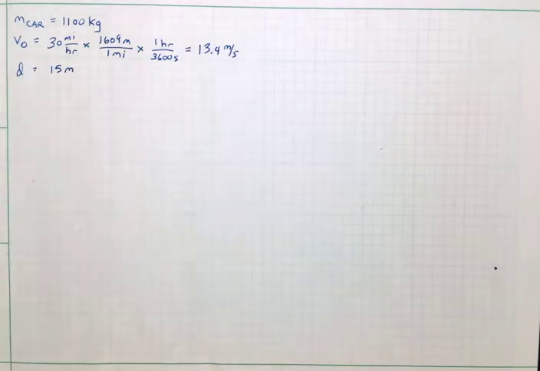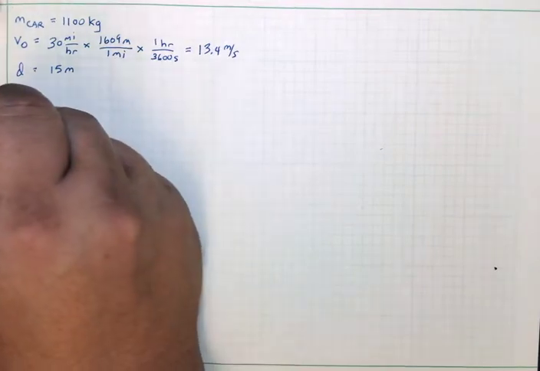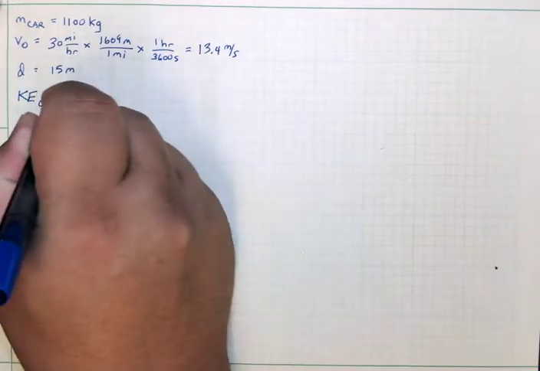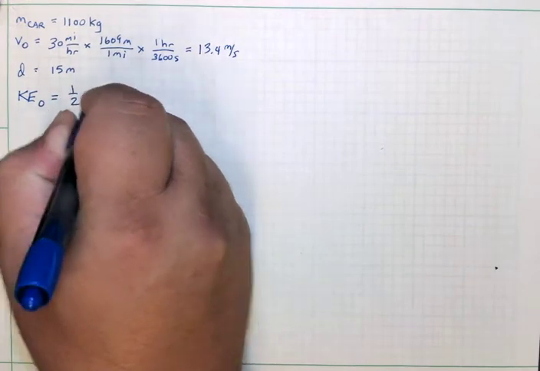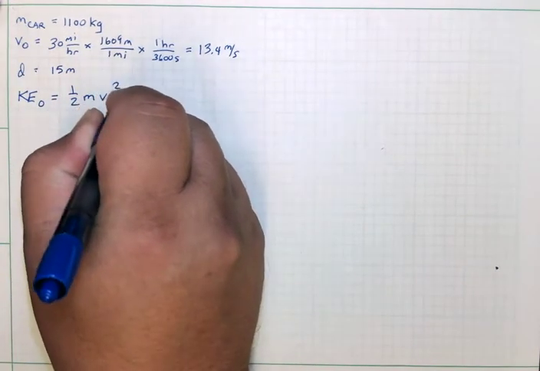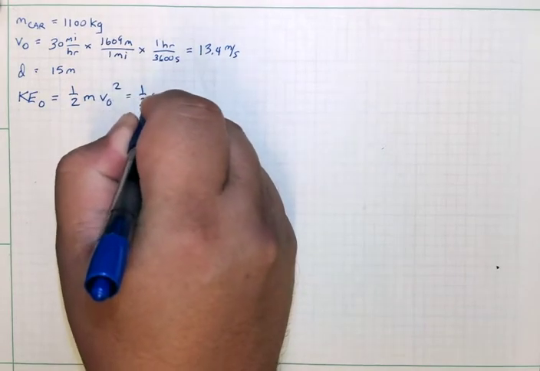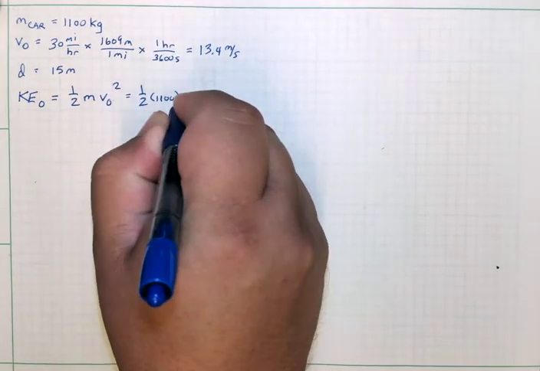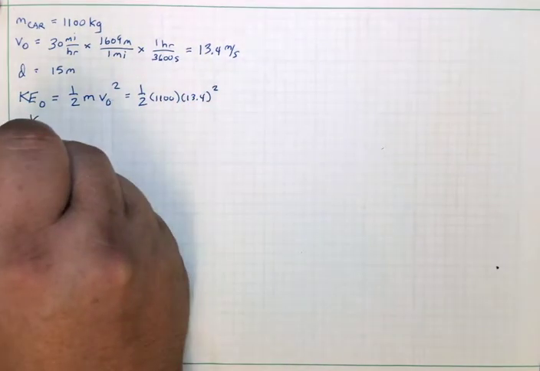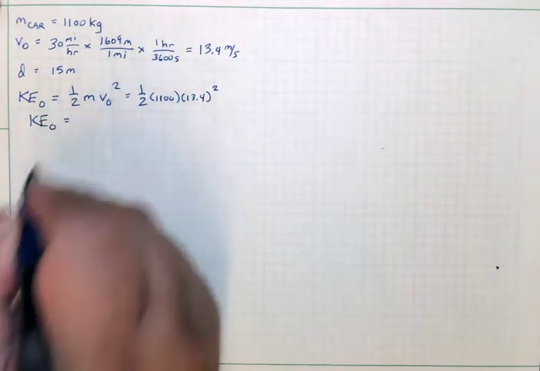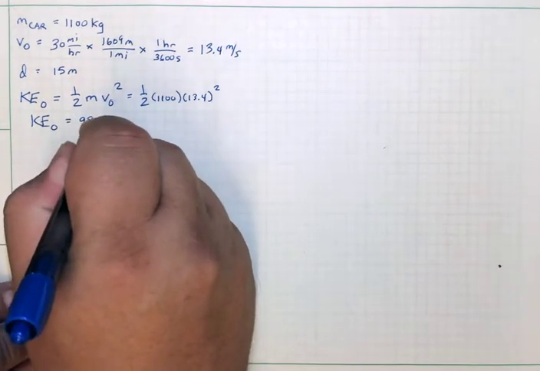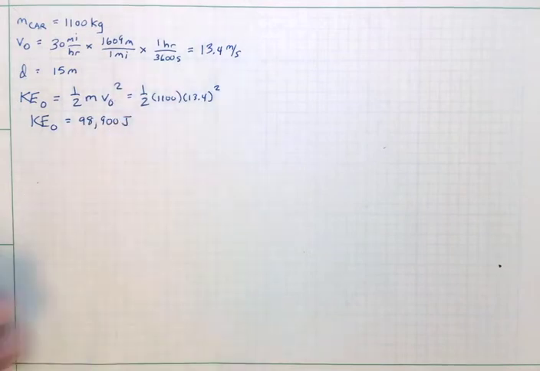Well then, the answer to the first question can now be discovered because we can tell that the initial kinetic energy is going to be 1/2 times the mass times that initial velocity squared. So 1/2 times 1,100 times 13.4 squared, and the initial kinetic energy is 98,900 joules.